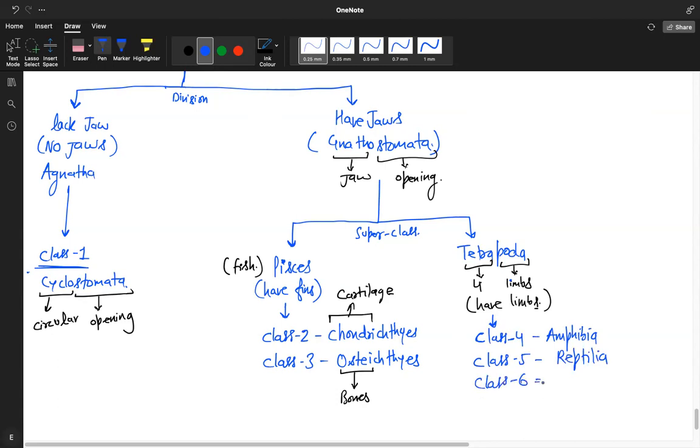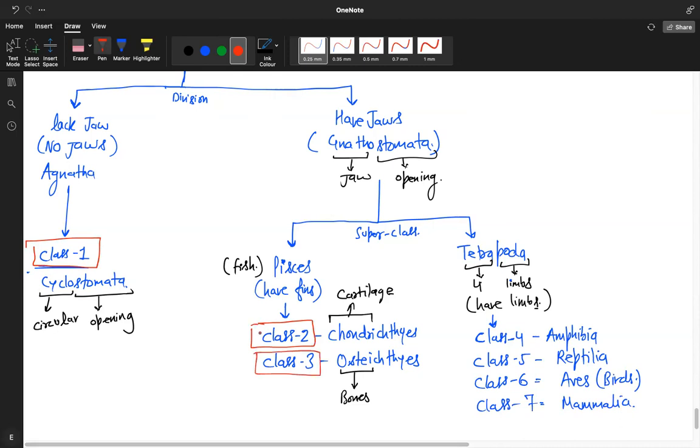Class 6 is aves, birds. And class 7 is mammalia, mammals. So we have to study these 1, 2, 3, 4, 5, 6, and 7 classes under vertebrata, and that's where the chapter finishes.